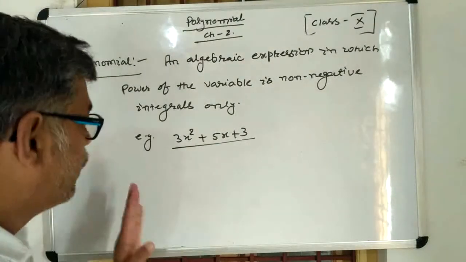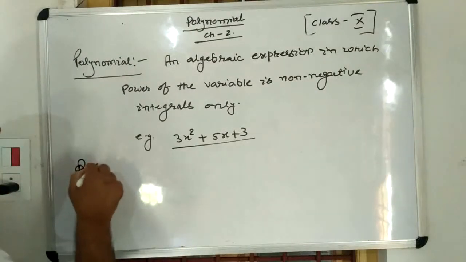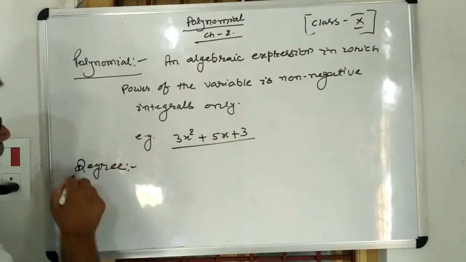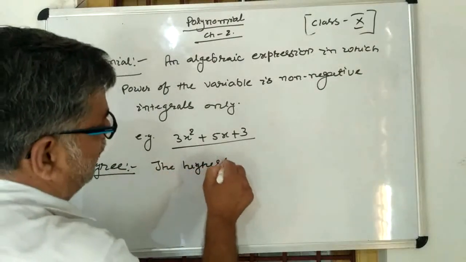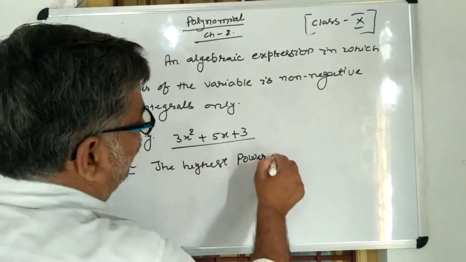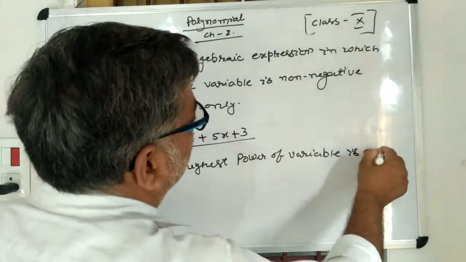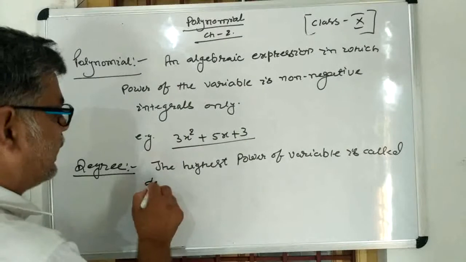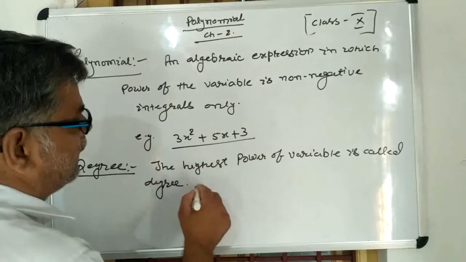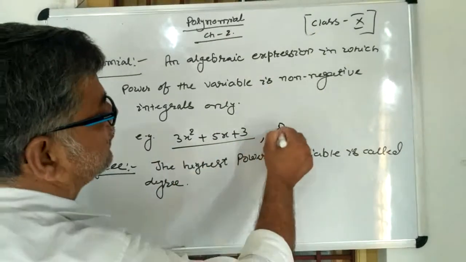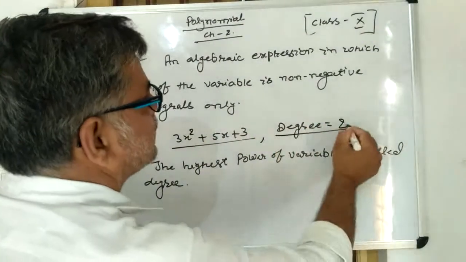So this is called a polynomial. Now there is also a term degree. Degree is the highest power of the variable. For this example, the highest power is 2, so its degree will be 2.